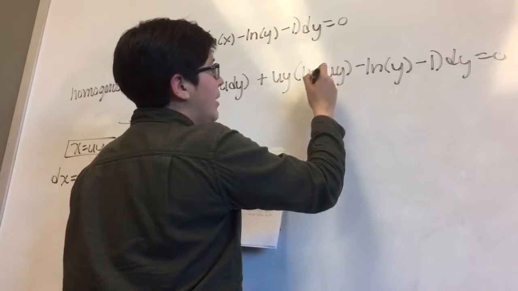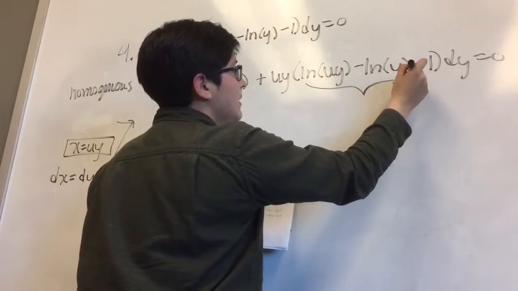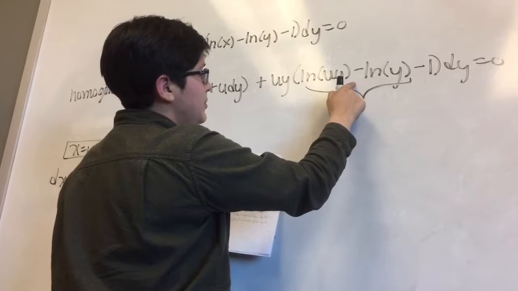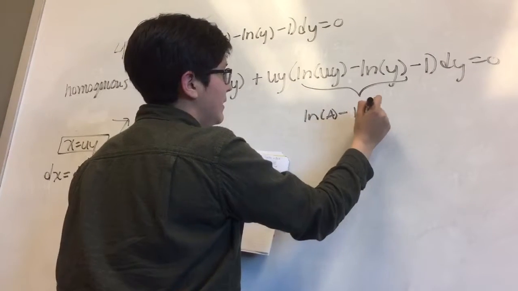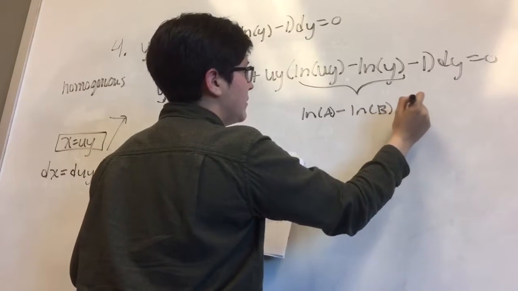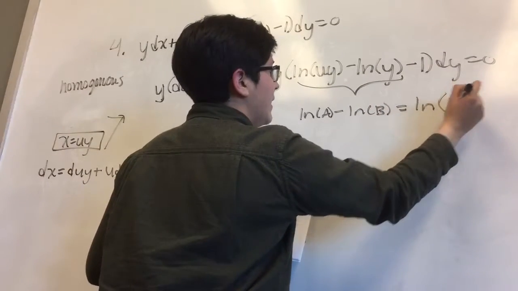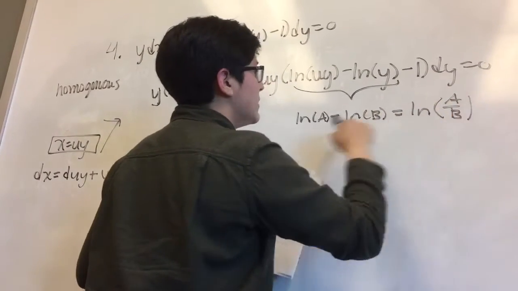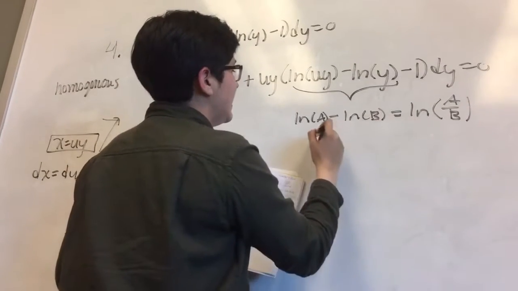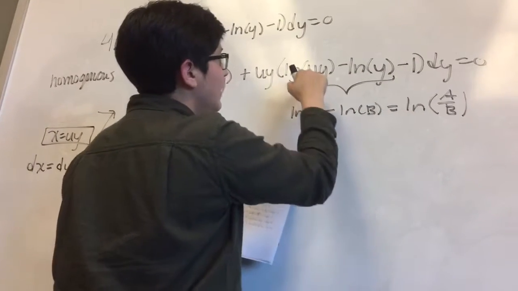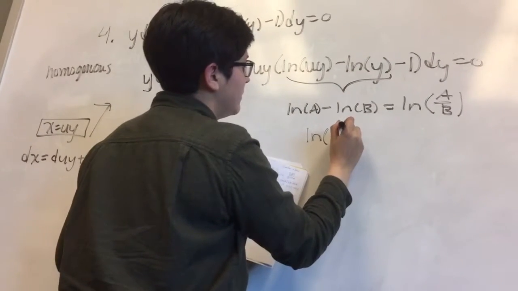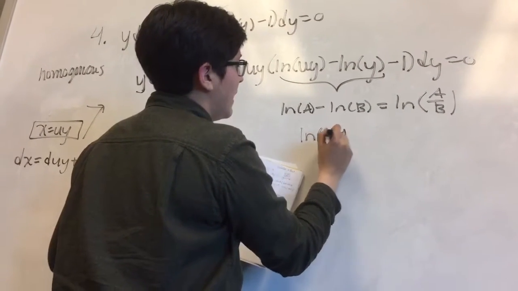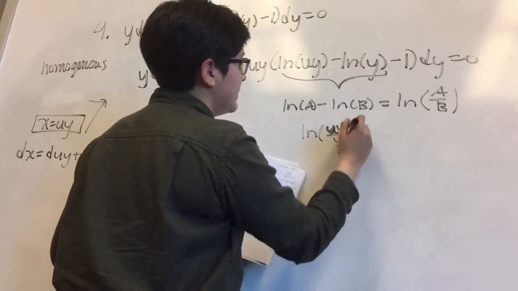We can use properties of logs to make this a little nicer. So ln of a minus ln of b is equal to ln of a over b. Using this, we can say that ln of uy minus ln of y is equal to ln of uy over y, and the y's cancel.